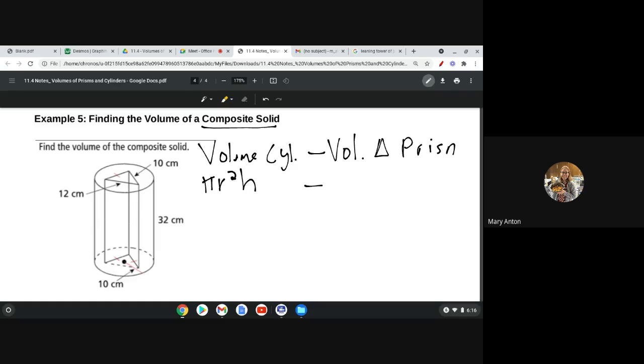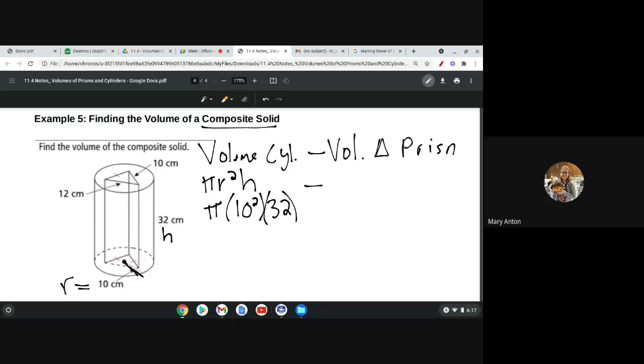Pi r squared h. Pi, what's the radius of our cylinder? Ooh, you might see this sneaky down here. The radius of our cylinder is this line right here, which is 10. So this is our radius. So pi times 10 squared times the height. What's the height of our cylinder? 32. That's actually the height of both our cylinder and our triangular prism.